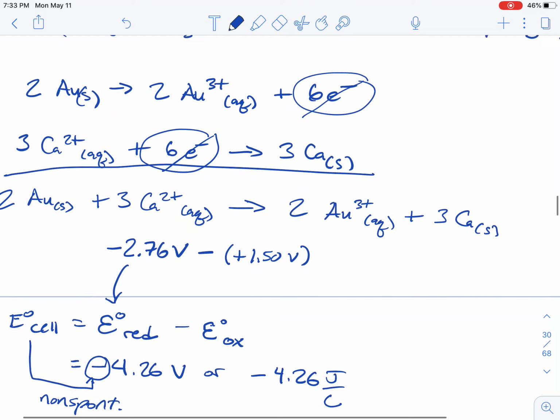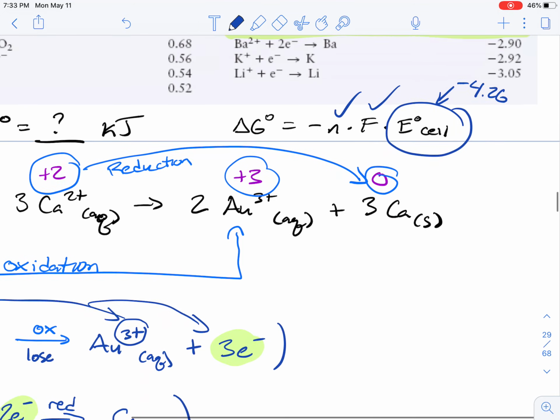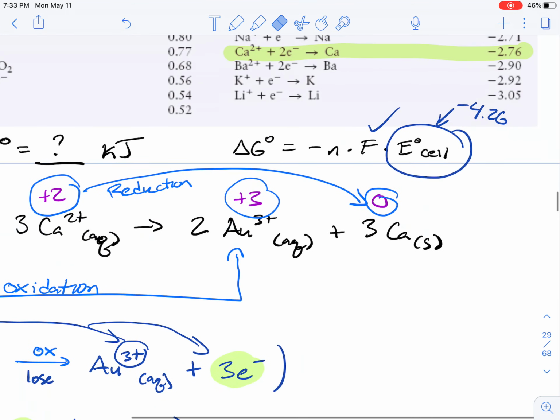All right, so if this is negative 4.26, I'm just going to erase this right here. I'm running out of room. So this is going to be 96,485, and then this is going to be 6. I know that my final unit is going to be kilojoules.